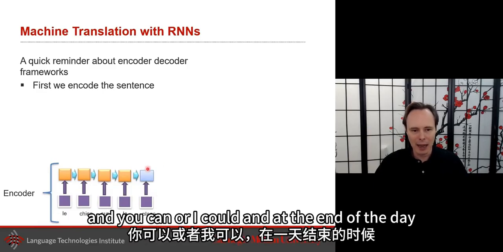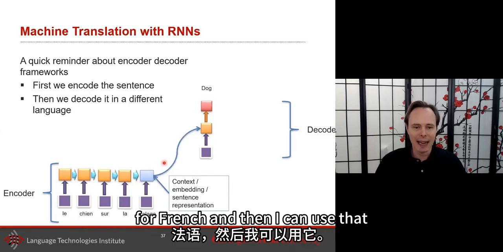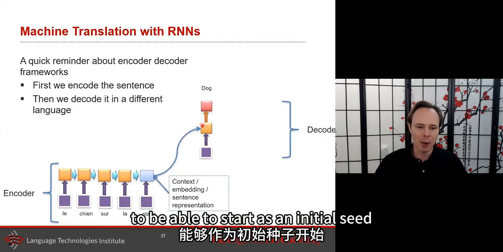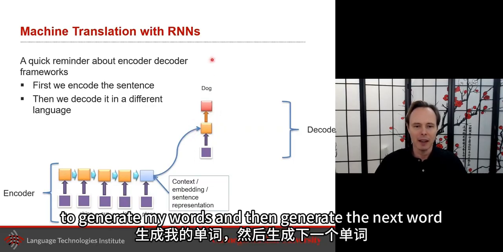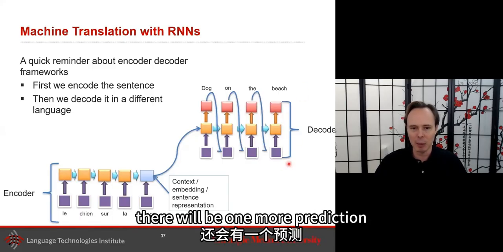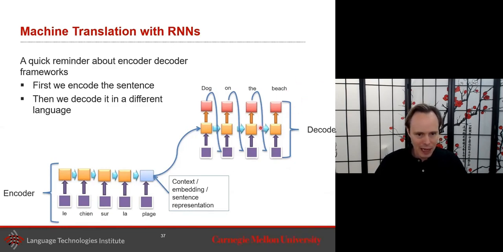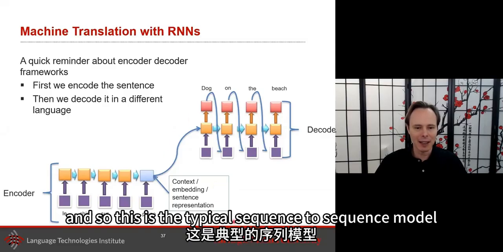At the end of the day, if I train that, I get an embedding of my language for French, and then I can use that as an initial seed to generate my words, then generate the next word, and go on until there will be one more prediction for the end token. And so this is the typical sequence to sequence model.